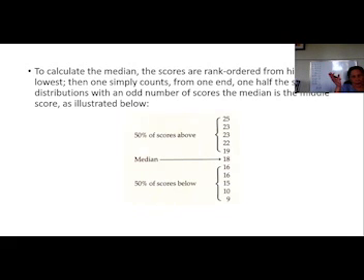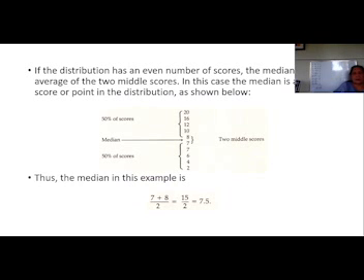What if the set of scores is even? Let's look at this. No? There are two middle scores. How many are there? 1, 2, 3, 4, 5, 6, 7, 8, 9, 10. So there are two middle scores there, 8 and 7.